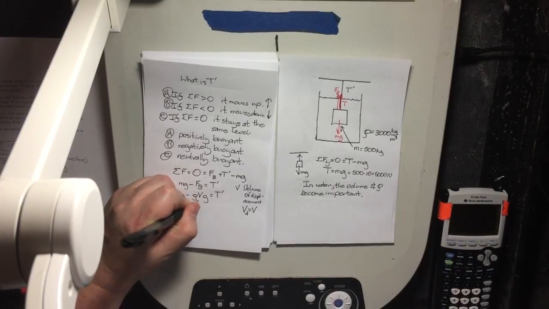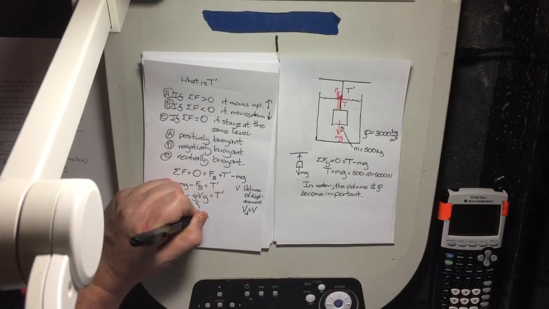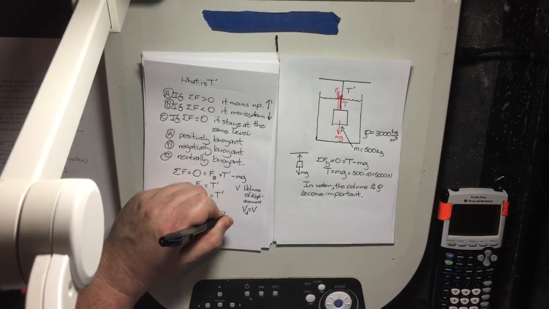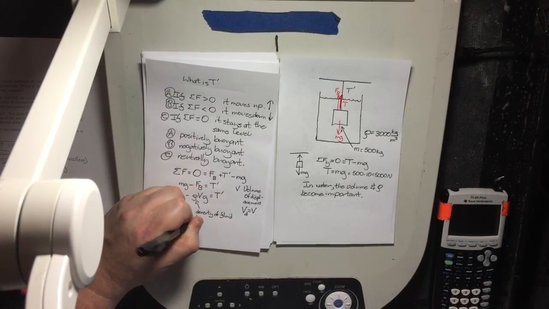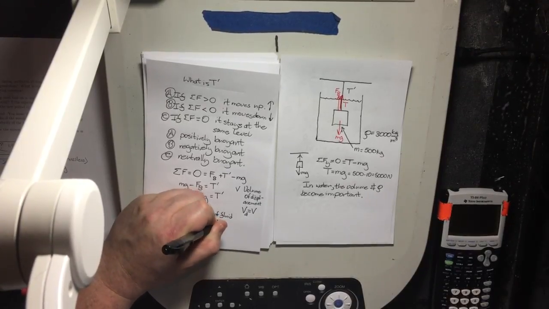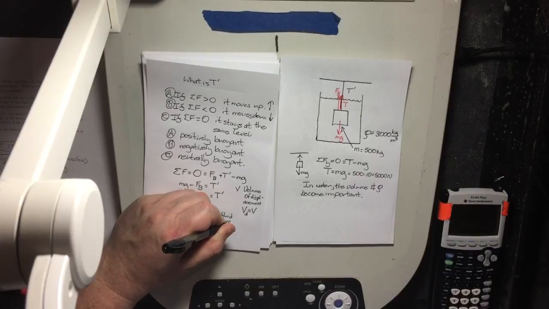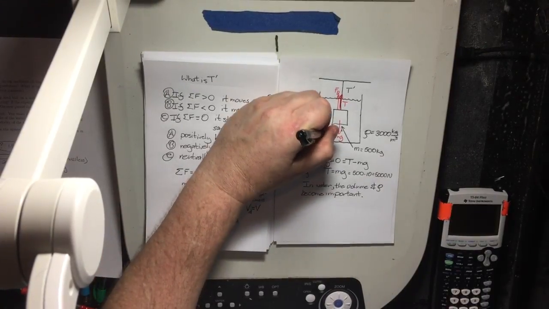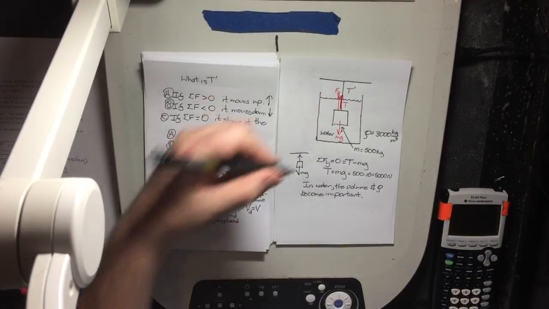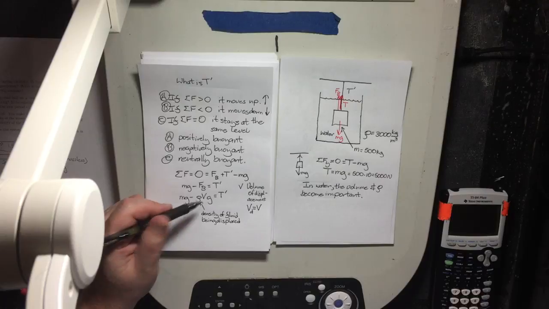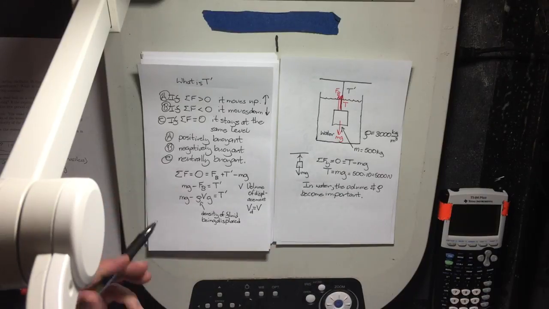That rho is the density of fluid being displaced. Most likely it will be water. And if it's water, then that's 1,000. The one thing that I don't have yet is the volume.